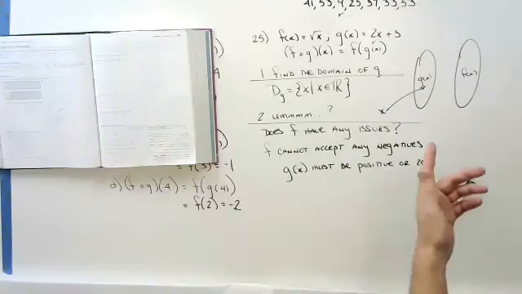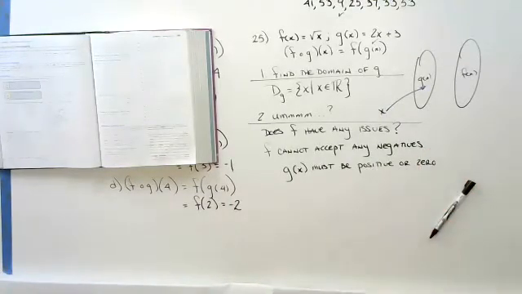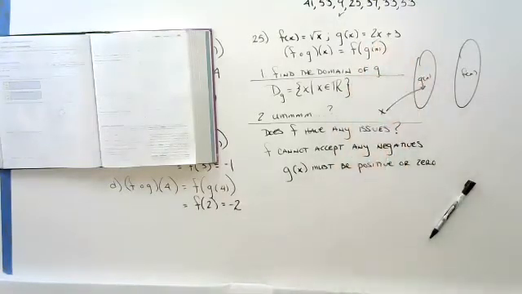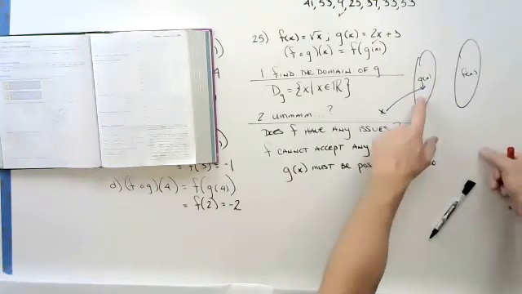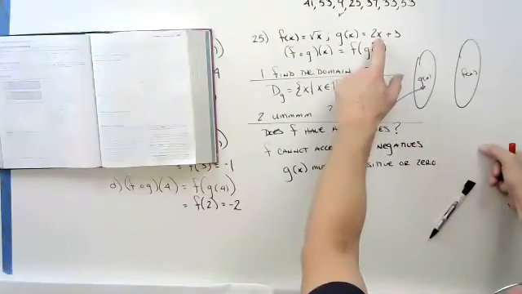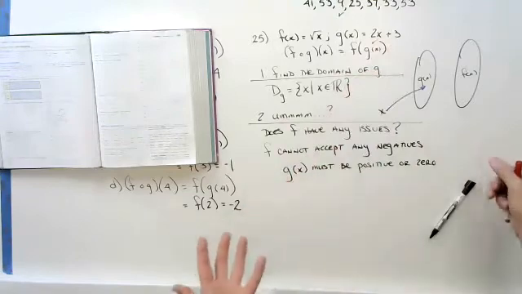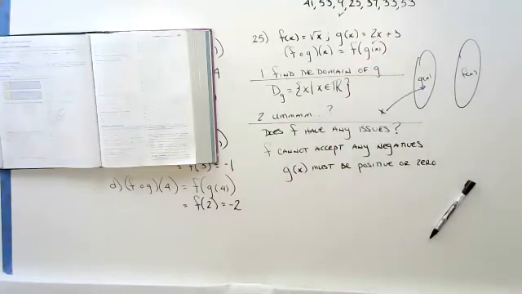But once it lands in g, it's not x anymore, because now we've multiplied it by 2 and we've added 3. So it's not the same number anymore. We changed it, right? If 5 lands in here, 5 times 2 is 10, plus 3, 13. 5 turns into 13.